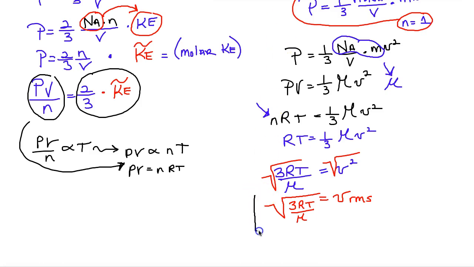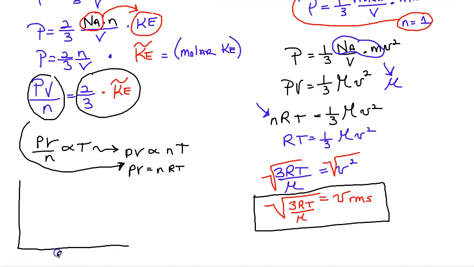This tells me essentially the most common speed that molecules have. What I mean by that is, if you look at the distribution of speed, here comes speed or velocity. I know speed doesn't have direction, but we're just going to say how fast, meters per second. And this is n, number of particles.